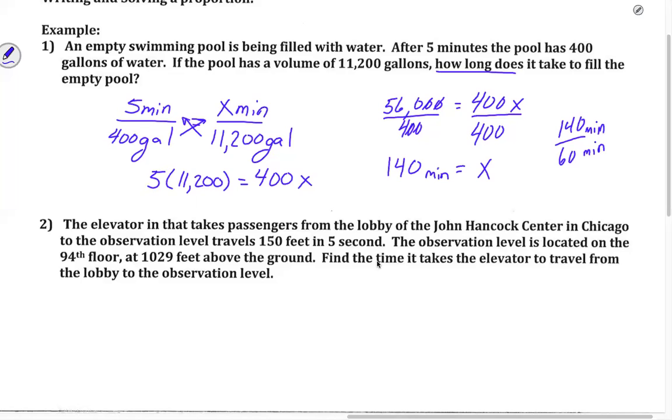So I divide it, and you get 2 hours. And now Kimmy's saying, well, 2 hours and 20 minutes. Thanks, Kim, for catching that. So it takes about 2 hours and 20 minutes. Or in the world of Tyler, about 2.5 hours.